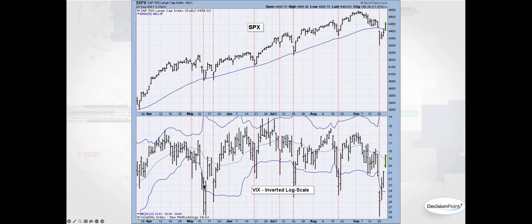And you'll notice when you do get these penetrations of the Bollinger Bands, they usually line up pretty well with upside moves. And in the case of the VIX on the top half, it would be a downside move. But in this case, the VIX was playing mostly with the lower Bollinger Band. And so I've marked where it went through the Bollinger Band. And you can see that it really came on price just at the right time.